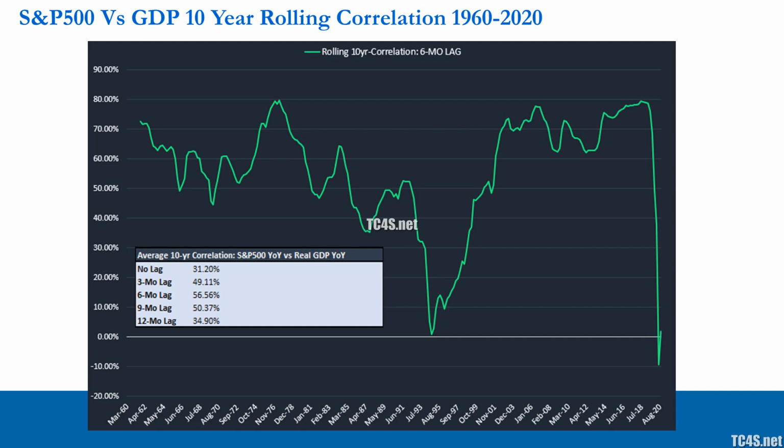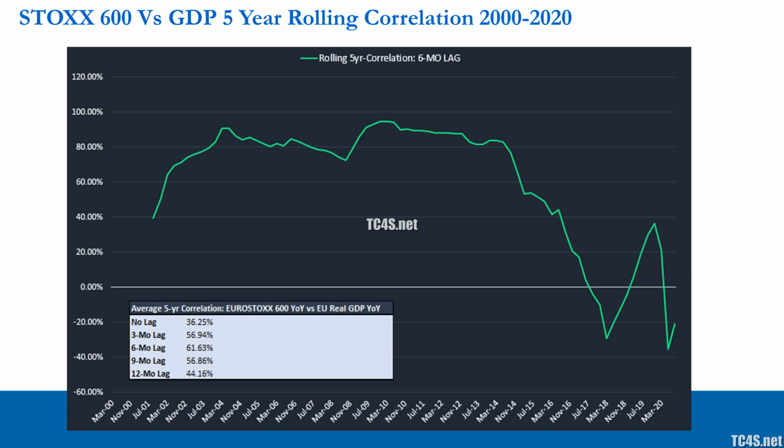We'll come on to that detail a little bit later. But for now, we know definitely that on a 10-year rolling basis, the 6-month lag is the most statistically significant time horizon.